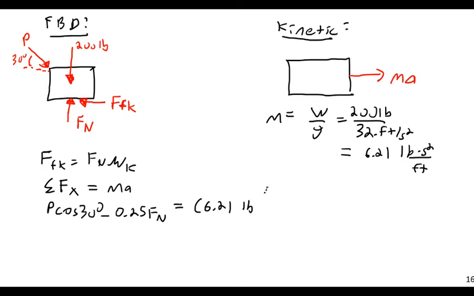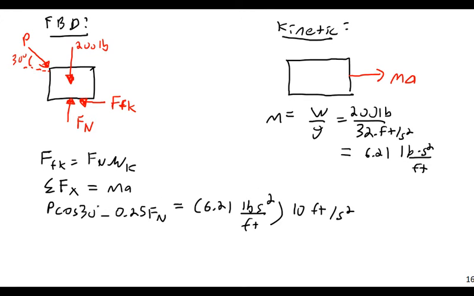Remember, the x is going to equal the x, and the y is going to equal the y. So our m is 6.21 pound second squared per foot, multiplied by the desired acceleration, which is 10 feet per second squared.